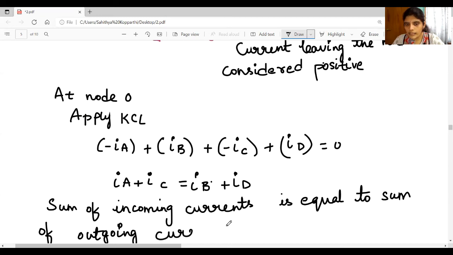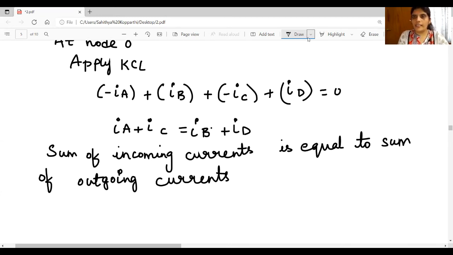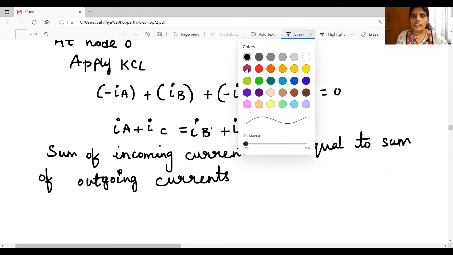So let us take a simple example to understand it more briefly.